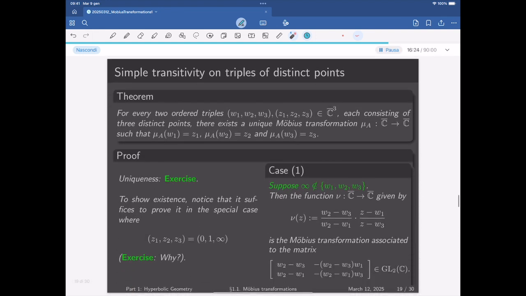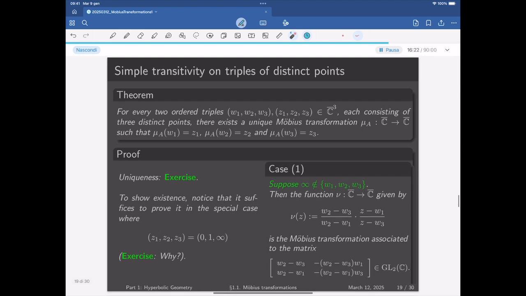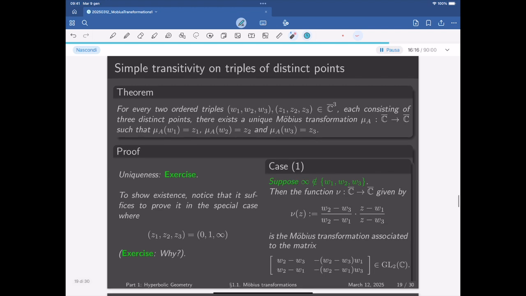Simple transitivity on triples of distinct points. So you see, I'm kind of trying to get rid of the standard things as quickly as possible.